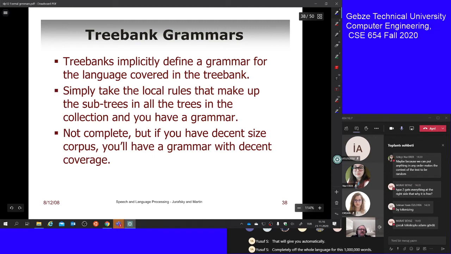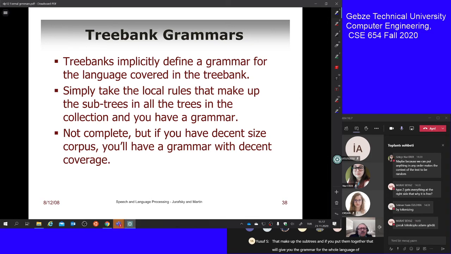So the tree banks by themselves implicitly define a grammar for the language. What you do is take the local rules that make up the subtrees, and if you put them together, that will give you the grammar for the whole language.